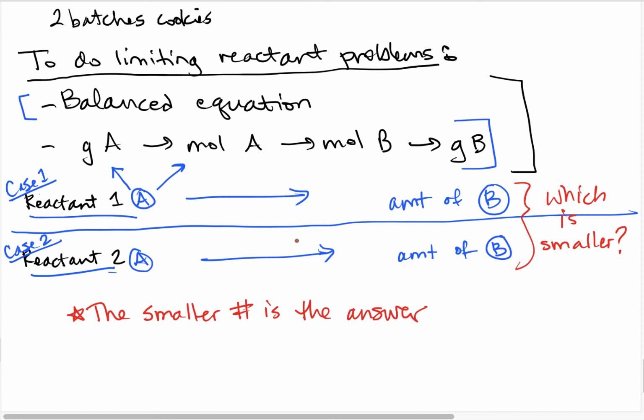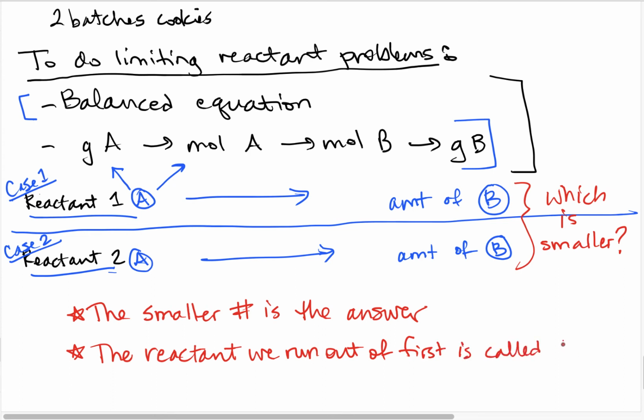Because whichever one we ran out of first, so the reactant we run out of first, is called the limiting reactant.